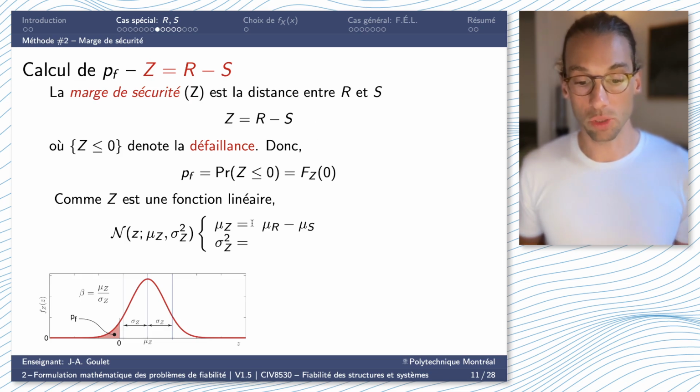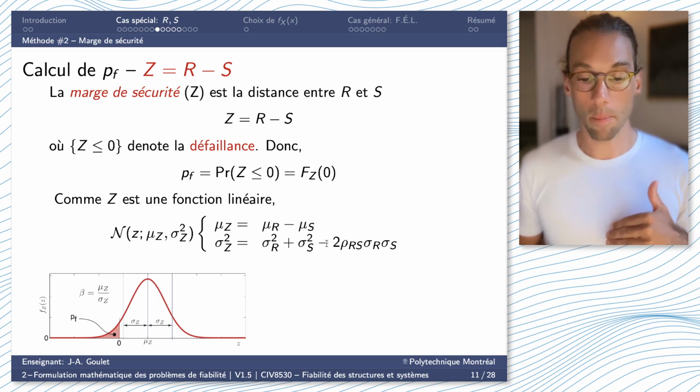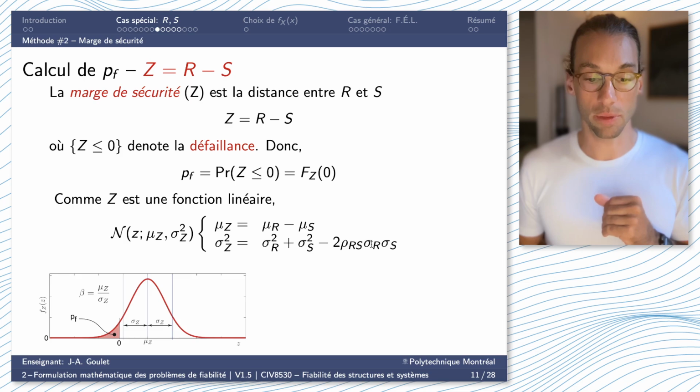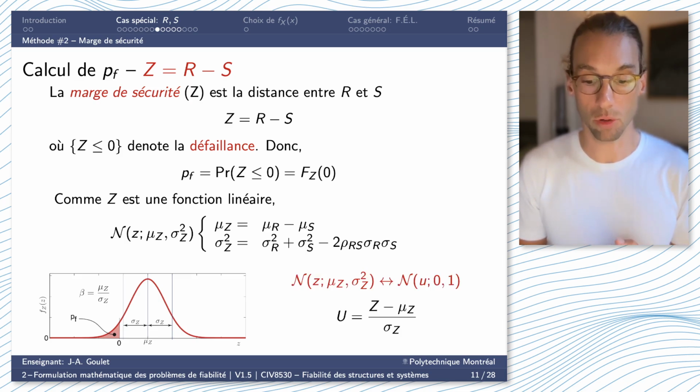So mu Z equals mu R minus mu S. And the variance of Z is the sum of the respective variances of each random variable minus 2 times the correlation coefficient between R and S times their respective standard deviations. If R and S are Gaussian, Z is also Gaussian, and we now have the mean and variance defining this random variable.